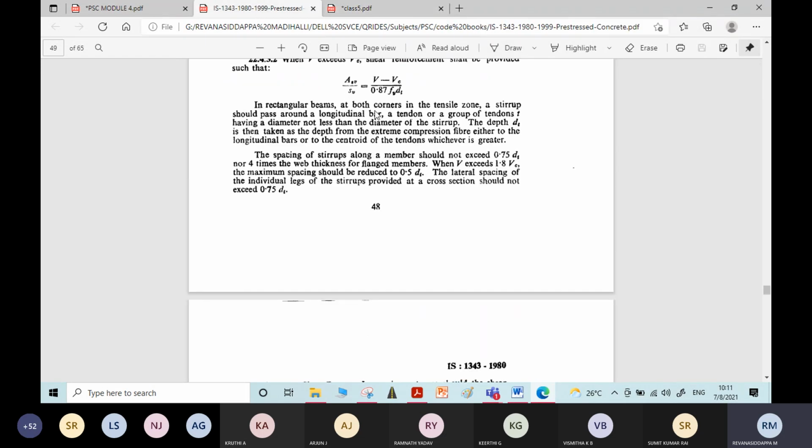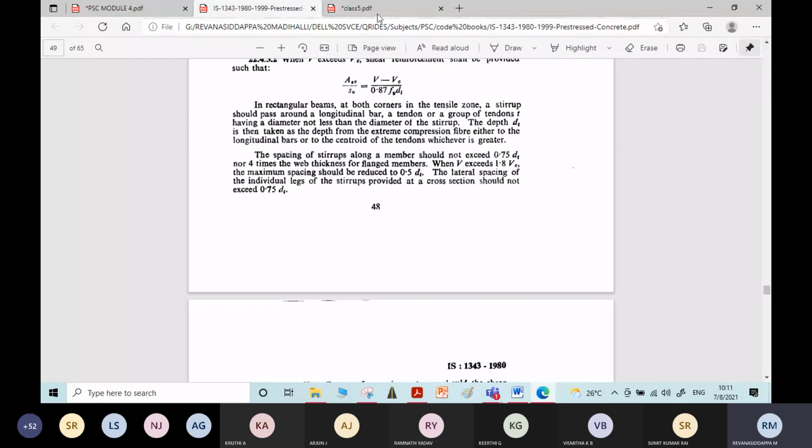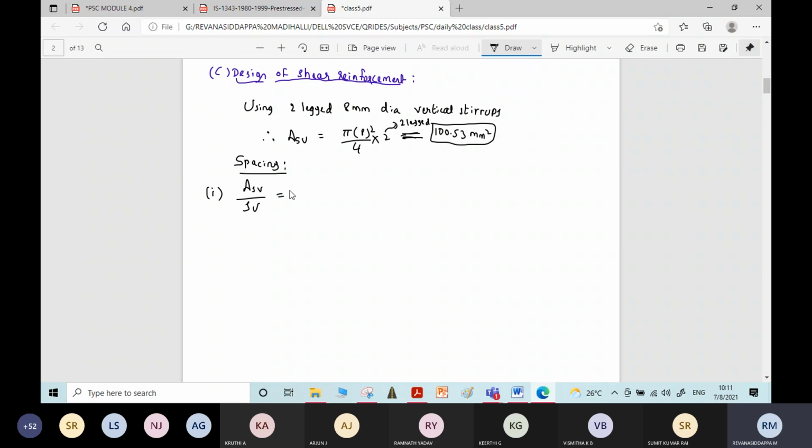Most of the times, if VC is less than V, you will get lesser spacing for this case only. First use this formula, ASV by SV is equal to V minus VC divided by 0.87 Fy dt.